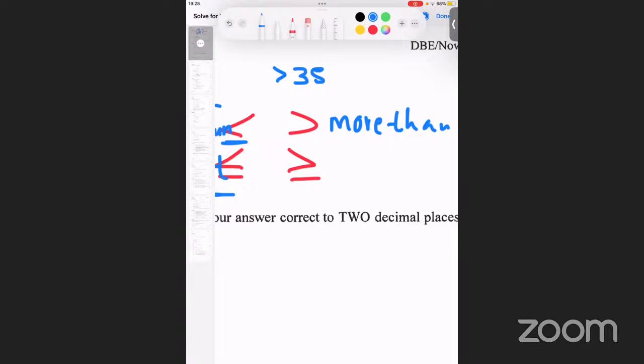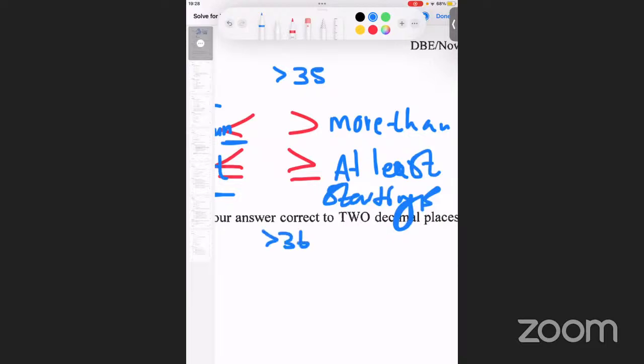And then this one, greater than or equal to, in English, is at least. In other words, starting from. So starting from 36 and up, an adult.